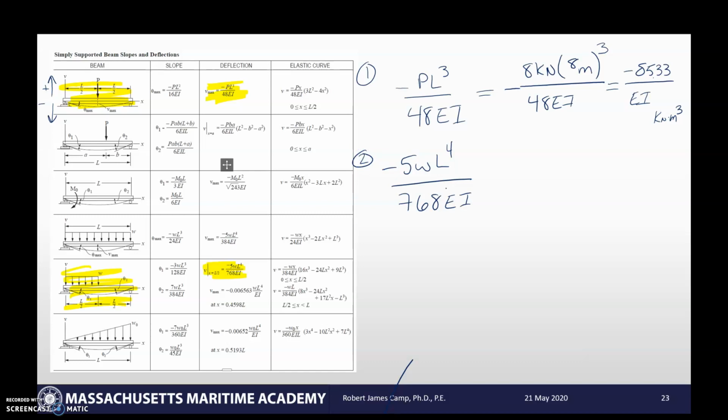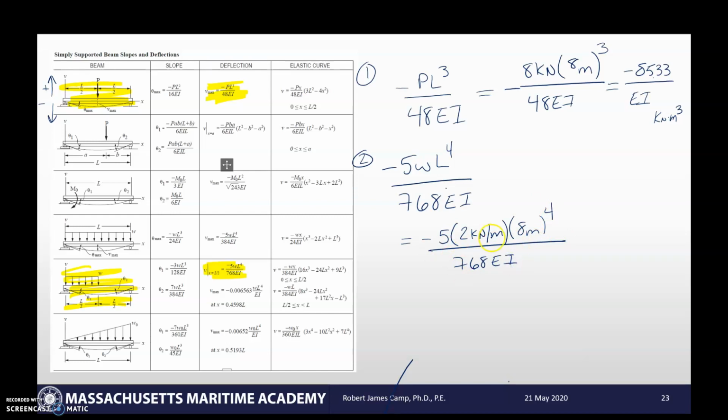And so we have all this information too, so negative 5 times W. W is the intensity of our distributed load, which is 2 kilonewtons for every meter. And then we have our length, so 8 meters to the fourth, divided by 768 times EI.